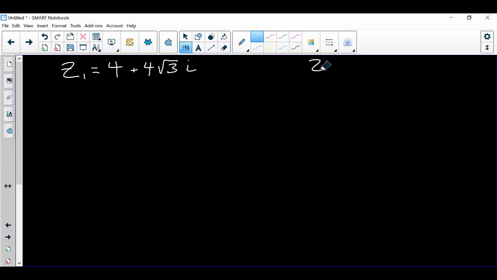And Z2 is equal to, let me make it square root of 3 plus I. There's Z1 and there's Z2.